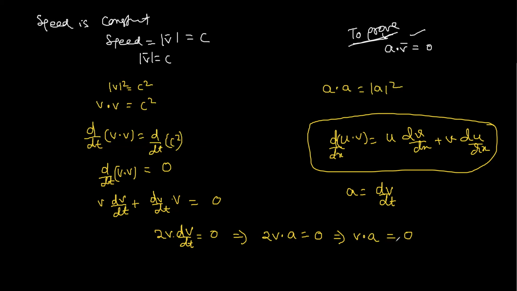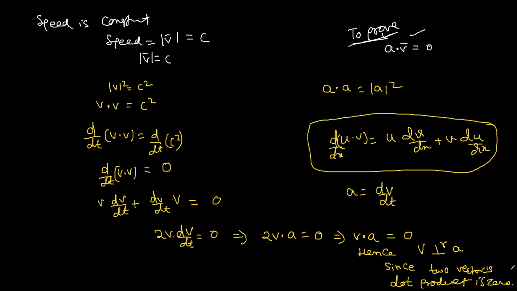If the dot product of two vectors is 0, then definitely you can say velocity vector is perpendicular to acceleration vector. Since the two vectors' dot product is 0, they are perpendicular to each other.